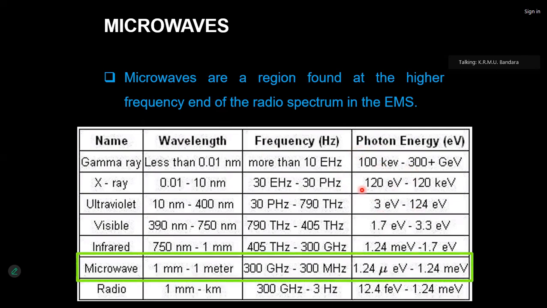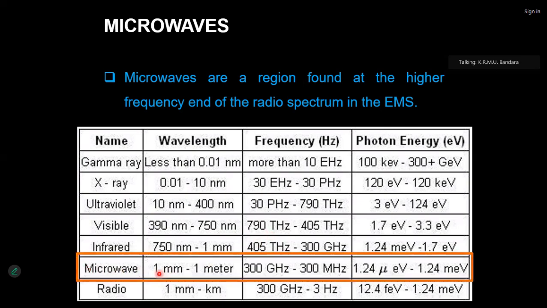Then you can find the photon energy. Then you can go through the previous lecture and combine them together to find how these come together. Okay, that means, for example, a 390 nanometer wavelength is equal to a 790 terahertz frequency. Combined with the speed of light, you can find this out.